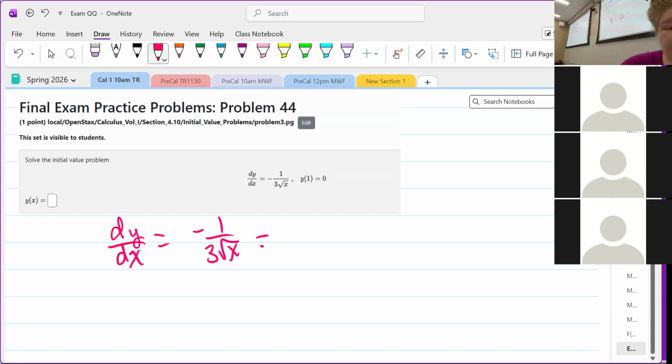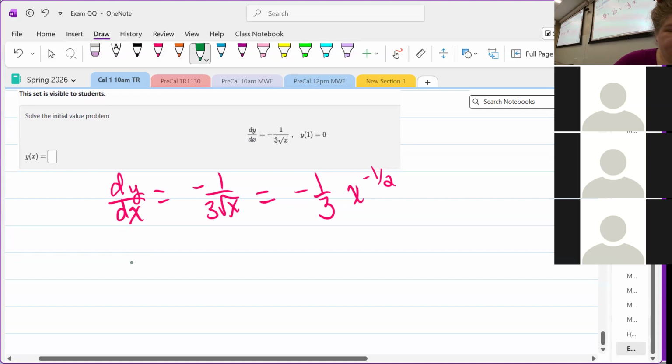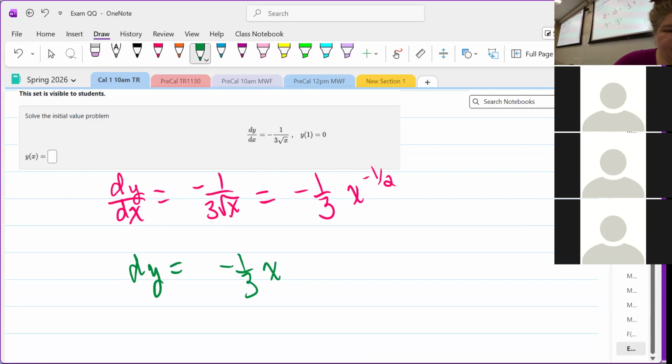So I'm going to rewrite this as negative 1/3 times x to the negative 1/2. So I multiply both sides of the equation by dx. I have this setup. dy equals negative 1/3 x to the negative 1/2 dx.